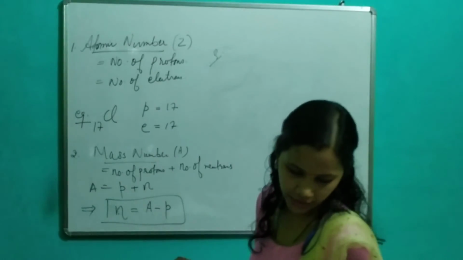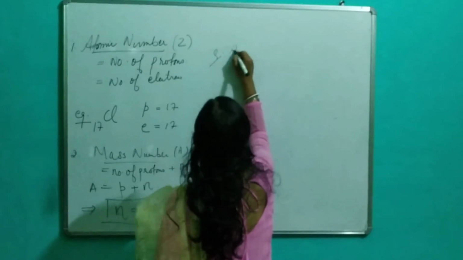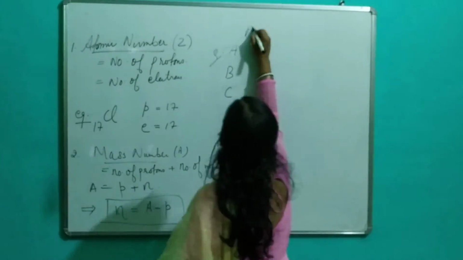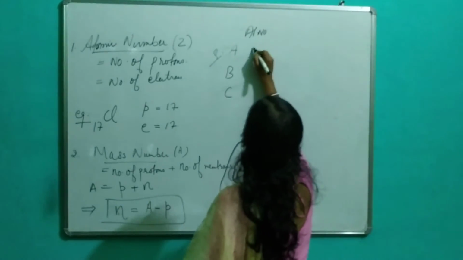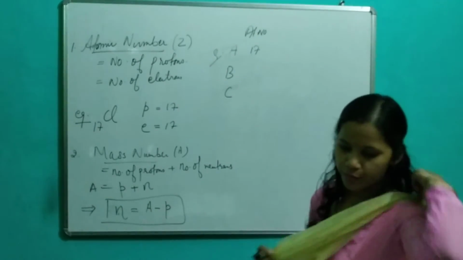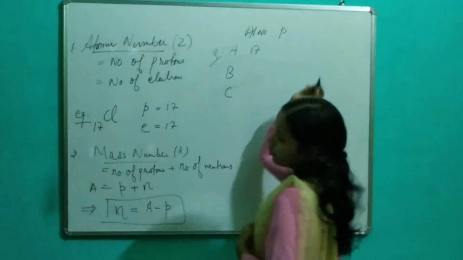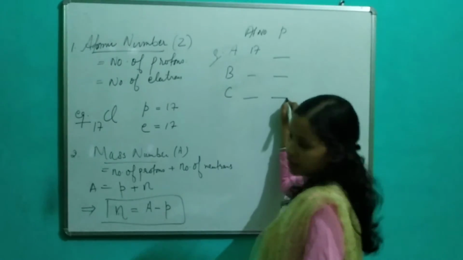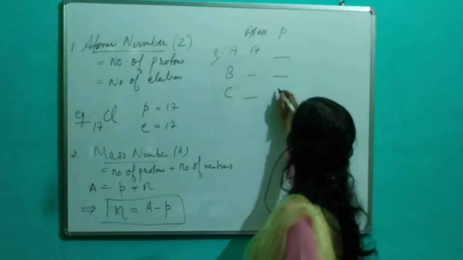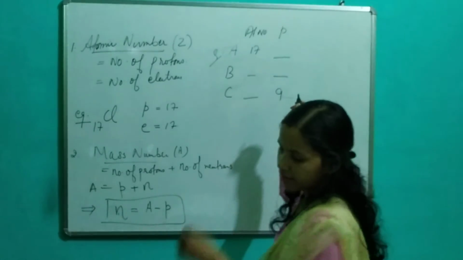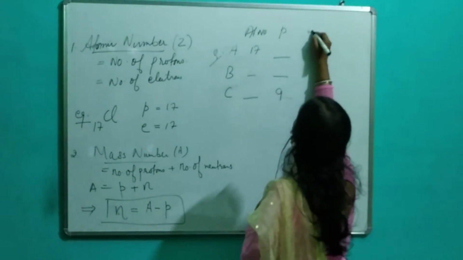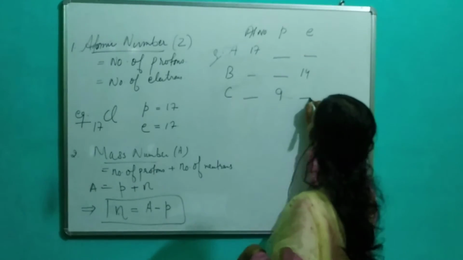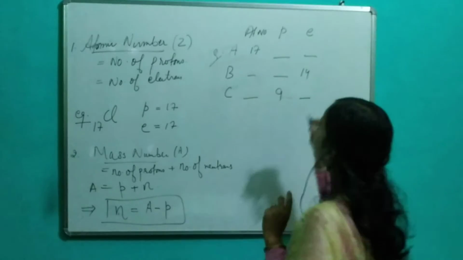We have three elements A, B, C. We have atomic number, first is 17. Then protons, I'm only writing P, this is 9. Then we have number of electrons. Then we have neutrons.